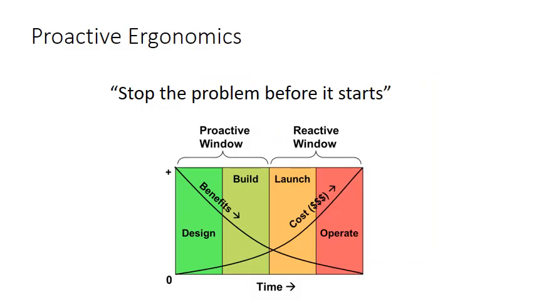Proactive ergonomics actually aims to stop the problem before it starts. So it is not a reaction to the problem that we have in workplaces, but a prediction of the problem that may happen, an estimation of the potential problem, and we control those things by a better design, by building a better work environment, and then control the occurrence of those problems.